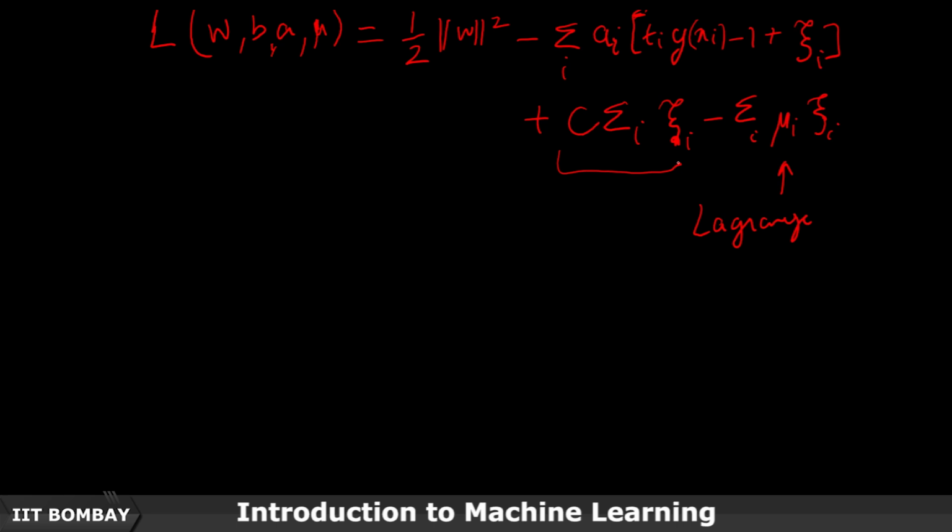So the 6 conditions are: a_i is greater than or equal to 0, t_i y(x_i) minus 1 plus xi_i is greater than or equal to 0, and then the product of the two is equal to 0. So that is straightforward.